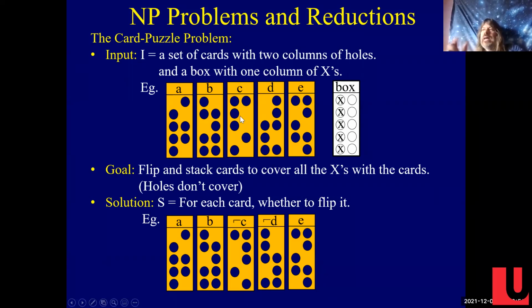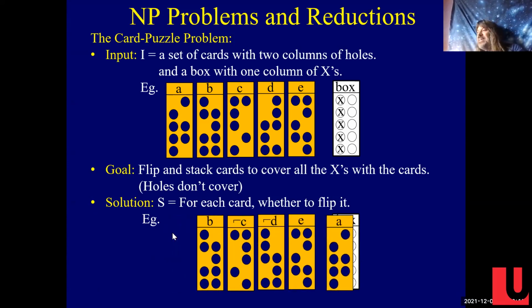And so I take my card C, and if I want, I can flip it over so it's upside down, right? Everybody buy that? And so that's a solution: I choose which cards to flip upside down. And what do I do with them? I stack them onto the box.